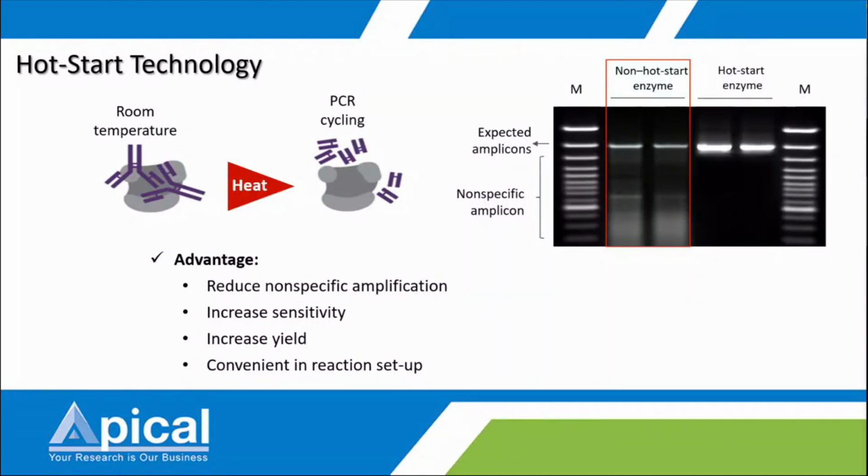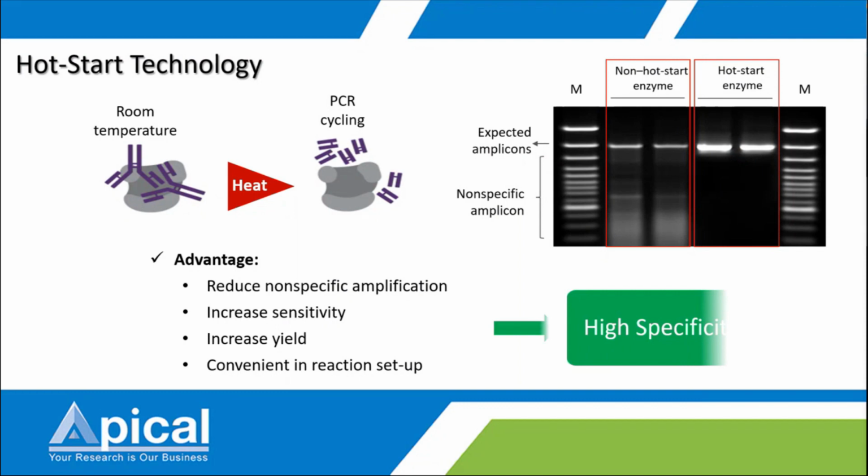When you go with hot start, it helps to give you specific amplification, and when the amplification is specific, it means that you will get more of your PCR product. So hot start will give you high specificity in your PCR.